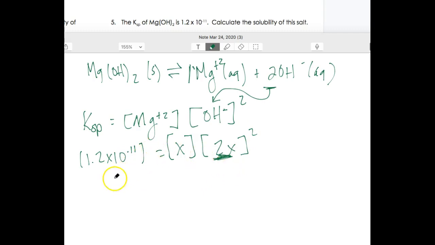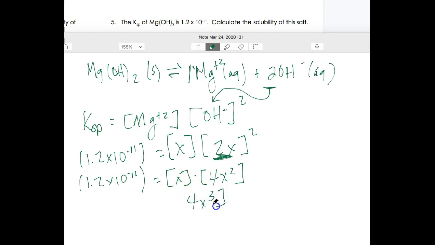And then you solve for x. I'm just going to rewrite it. Hopefully your algebra is strong. This is the same as x times 4x squared, right? And when you do this, it's 4x cubed. When you solve for x, you divide by 4 here, right?